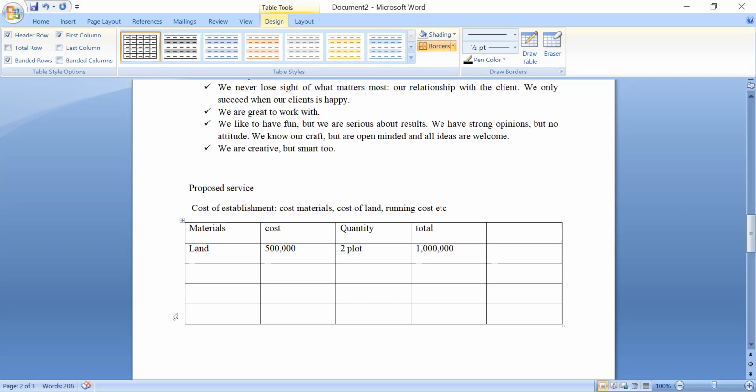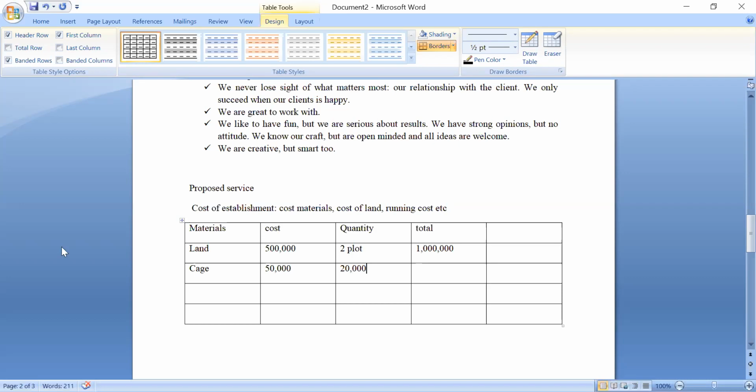1 million naira. We say, okay, what other things do we need? Materials, maybe we need cages. Let's say per one is 50,000, and you need like 20 of that.